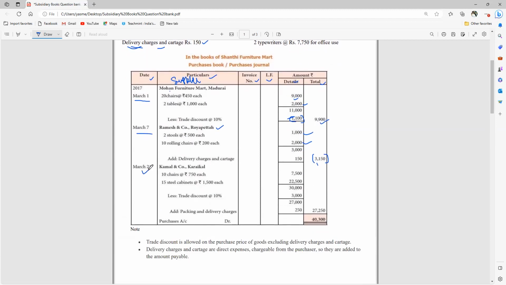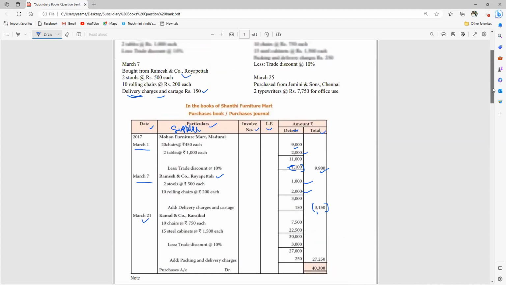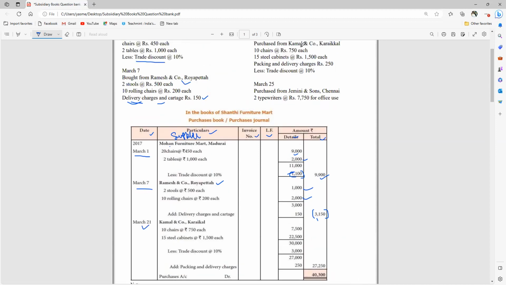On March 21st, the party from whom we have purchased the goods is Kamal and Company, Karaikal. What we have purchased: 10 chairs at 750 rupees each. That means 10 into 750 is 7,500. Next, we have purchased 15 steel cabinets at rupees 1,500 each.